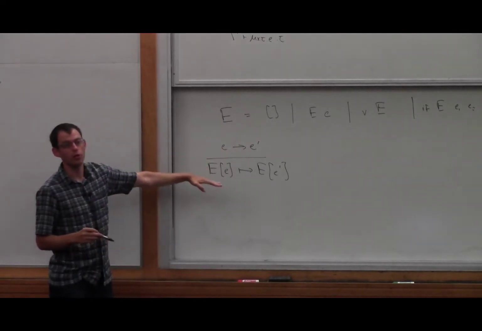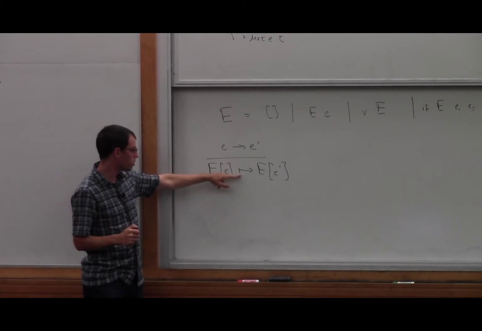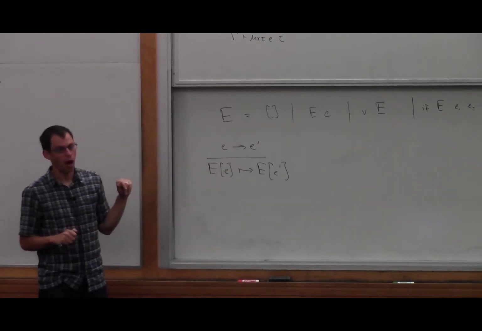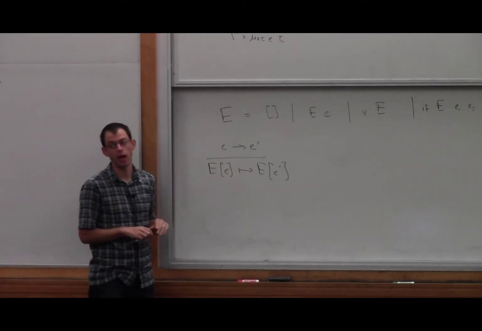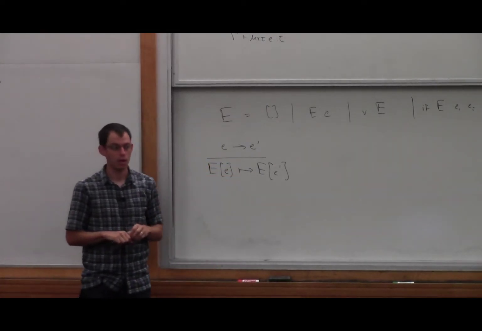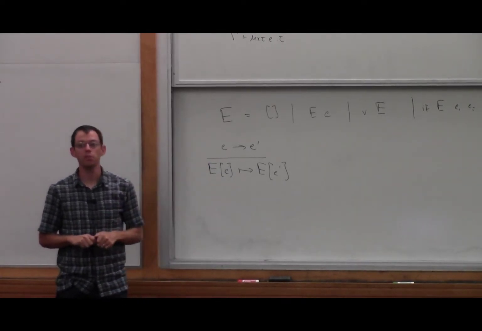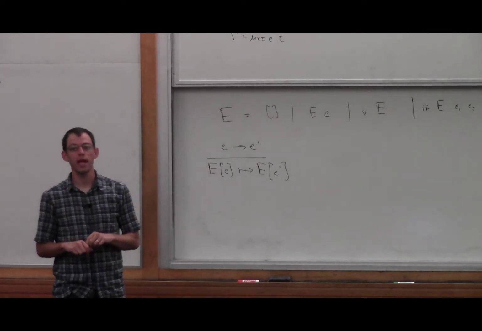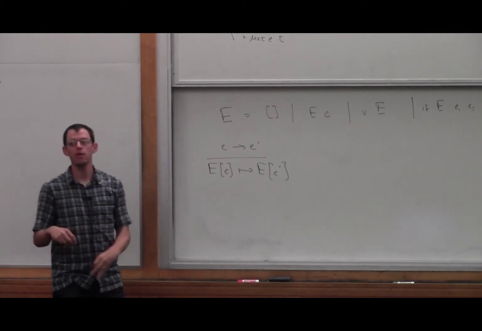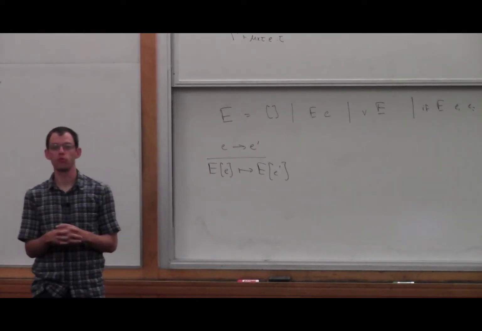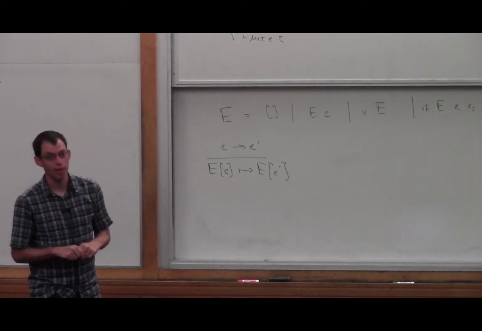Note that I've drawn 2 different arrows, one with the little vertical line. And this is going to distinguish reduction from reduction in a context. It's useful to make this distinction because it allows us to say some rules apply inside any context. And then if we want to, we can describe some rules that operate only on the whole term, and we will have an example of that.